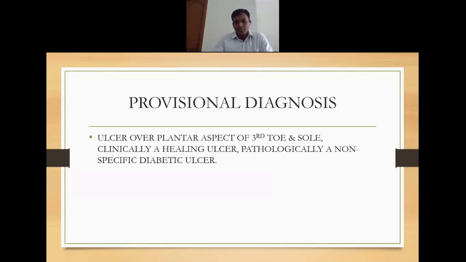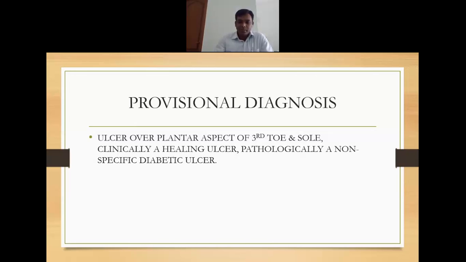For a foot to be called a diabetic foot, he should have changes not only in sensations like neuropathy, but also myopathy, microangiopathy, and arthropathy. You would have read about arthropathy, Charcot's joint deformities.